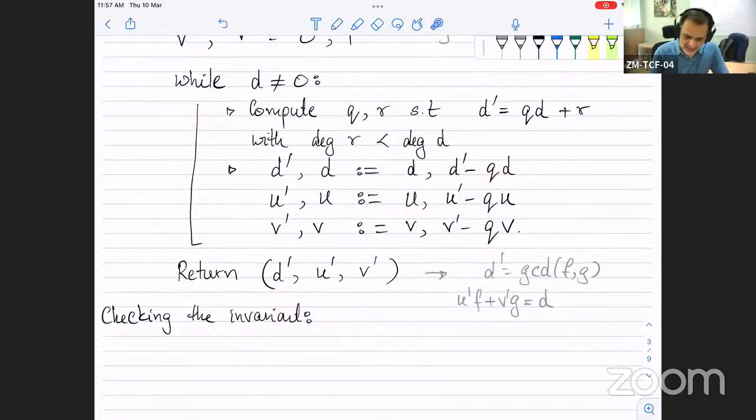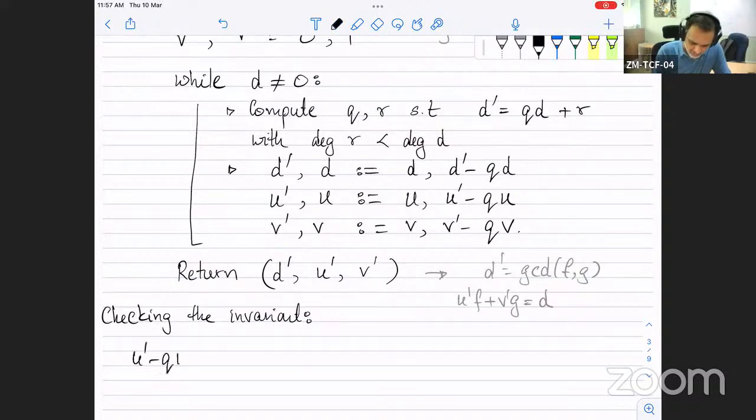Initially, I know the invariant was holding for these two pairs, but now those two pairs have been changed, and you need to claim that the invariant continues to hold. For this one there's nothing to prove because it's basically the same that we have. So I need to show that after this modification, the invariant continues to hold. But that's absolutely clear. What are we basically saying?